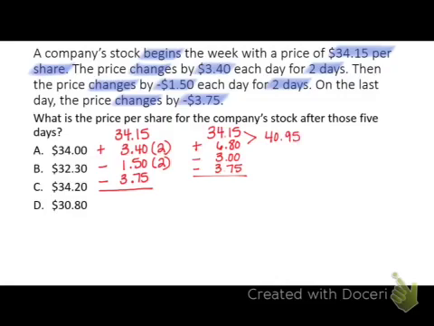We then will decrease that by $3, leaving us with $37.95. We then will decrease that by $3.75, which will leave us with $34.20. That answer choice is C.